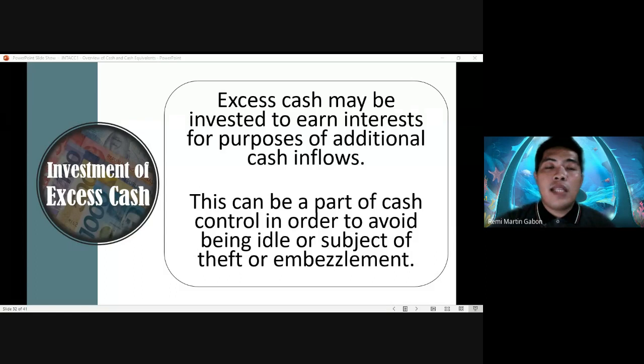Now, investing excess cash could be part of a company's cash control to avoid that cash being idle. Ibig sabihin ng idle, parang stagnant yung cash.